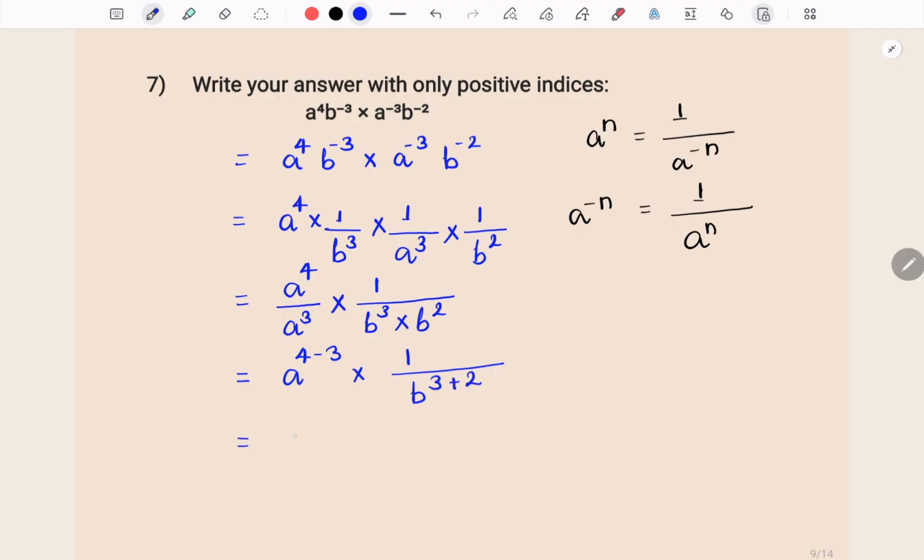So 4 minus 3 gives 1, multiplied by b raised to the power 3 plus 2 is 5. So finally I have a raised to the power 1, which is a over b raised to the power 5. So a over b raised to the power 5 is our final answer.